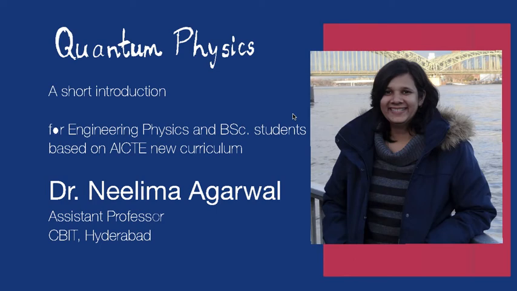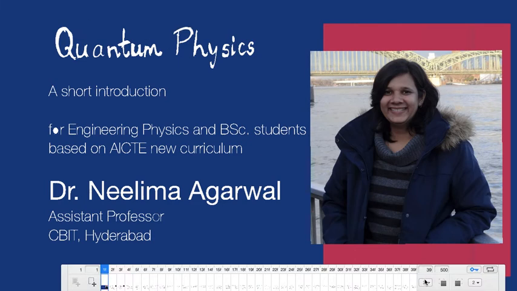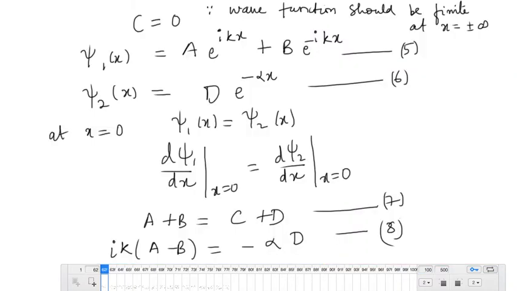Hello students. In the last lecture I told you that now we are going to deal with more realistic problems, and in order to study real problems we'll try to study metals and solids. To study that we have to include the interaction of the electron with the positive ion cores.